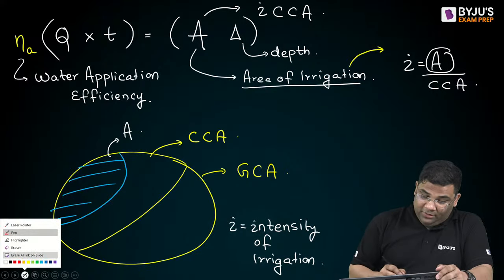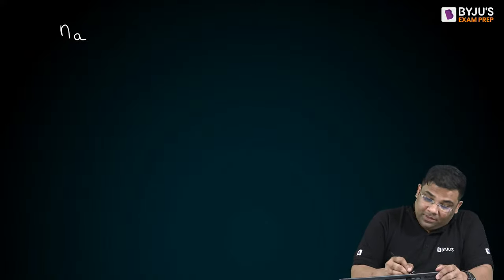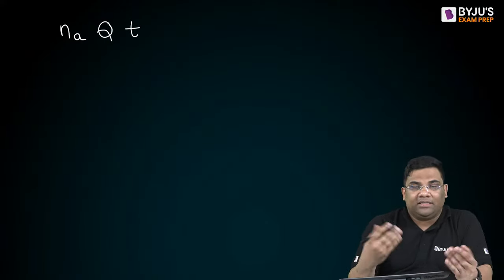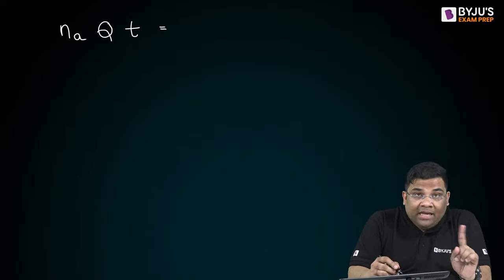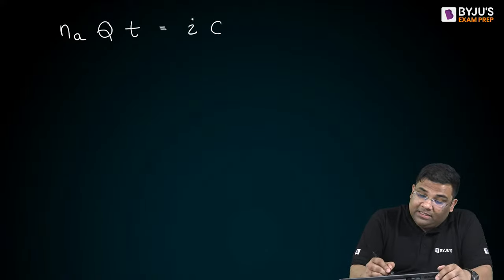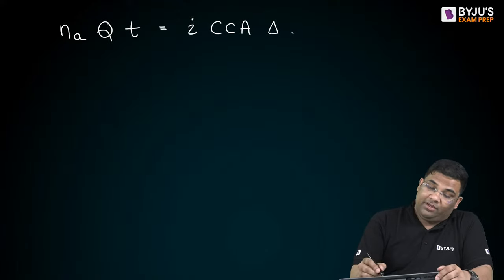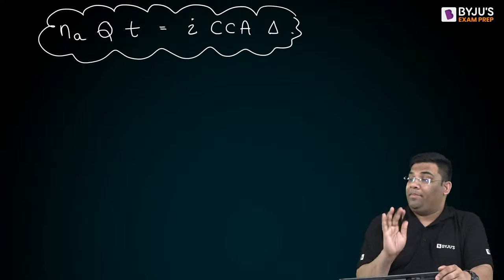So we get a beautiful relation: water application efficiency into Q into T, where T is the time of irrigation, so we can say the period of irrigation, is equal to the intensity of irrigation into the cultivable command area into the depth of irrigation. This formula you can use a lot to solve many questions.